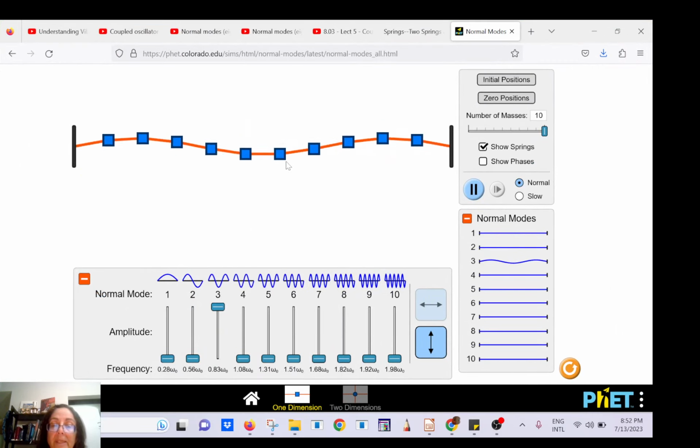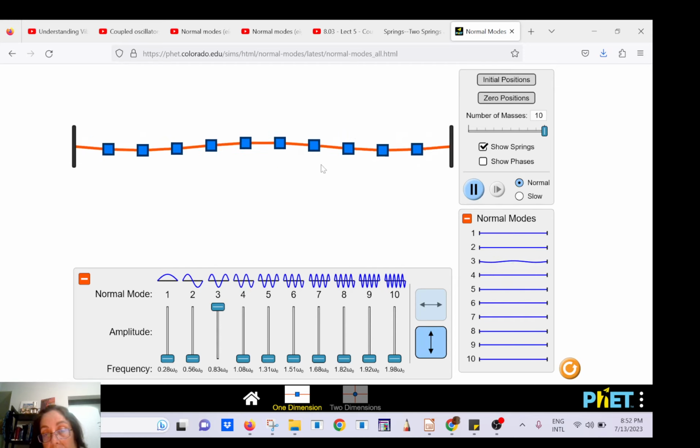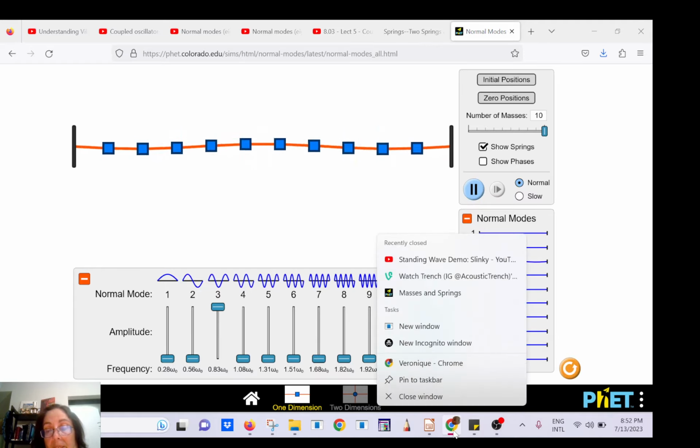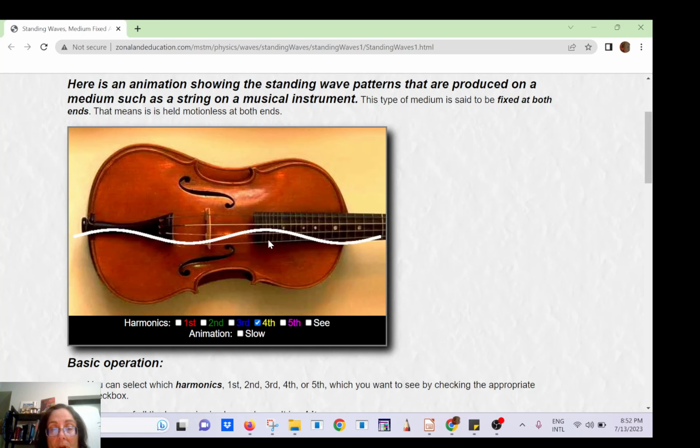Looks a bit the same, right? So as you increase the number of oscillators, you see I'm very close to a string here, because the string is like connected oscillators. And then you have the fourth one. So 1, 2, 3, 4 bumps. And you have the fifth one. So as you increase the harmonic number, of course, you're going to increase the frequency.